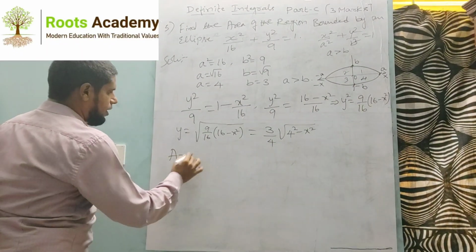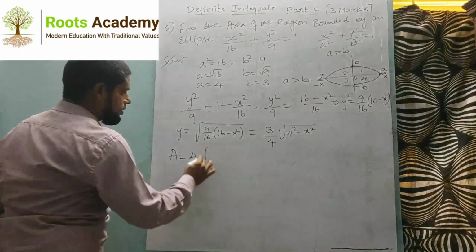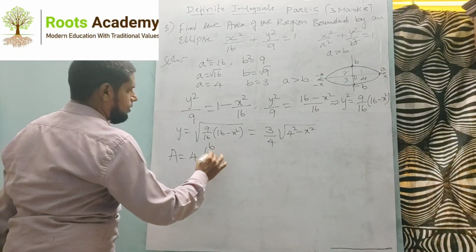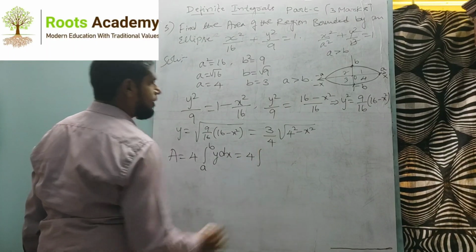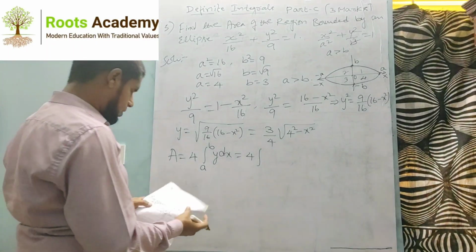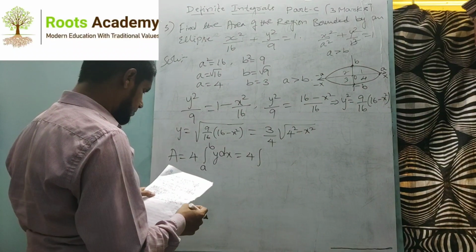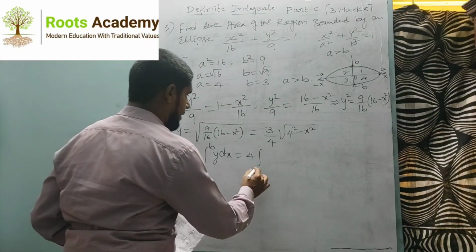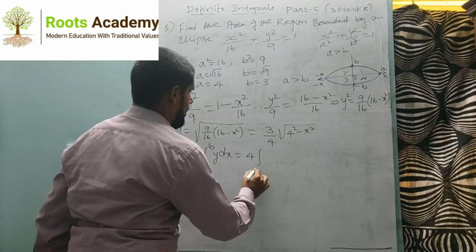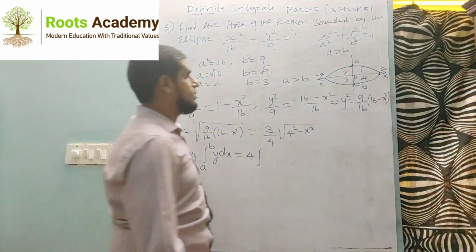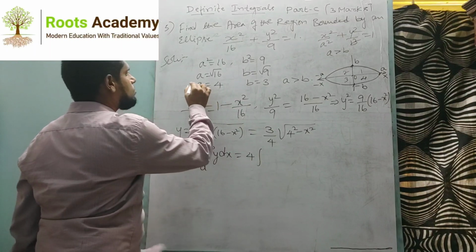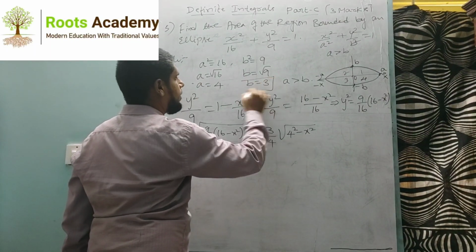Now, area is equal to 4 times integral a to b of y dx. So here 4 into integral, a is what? Sorry, not 3. See here, the limits. These are not the values of b.